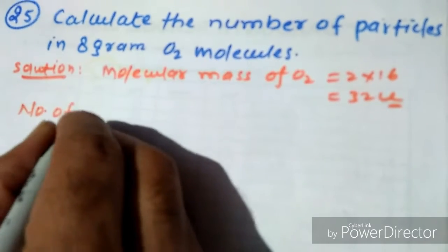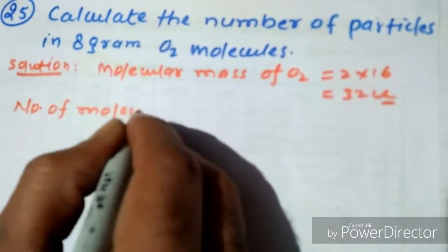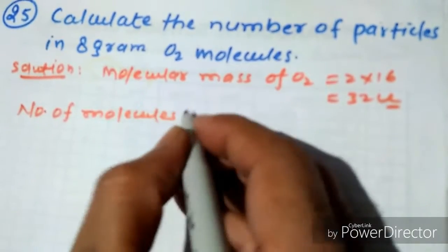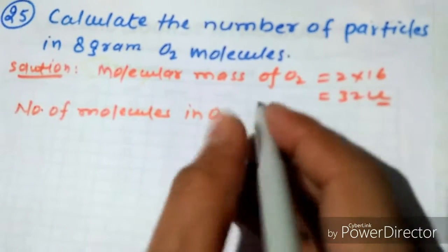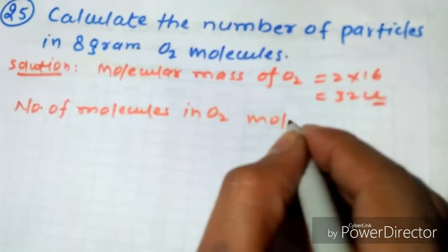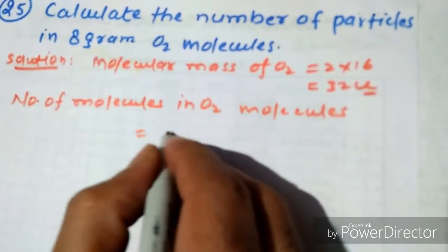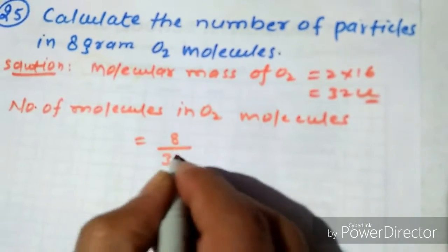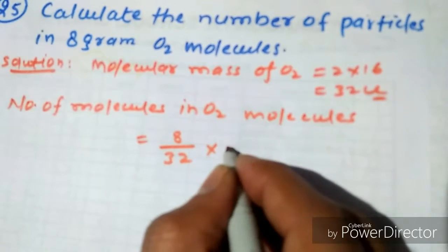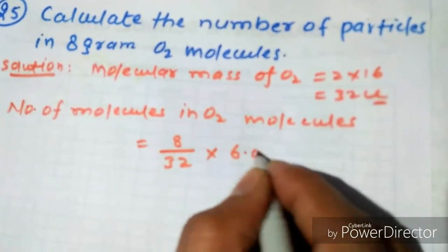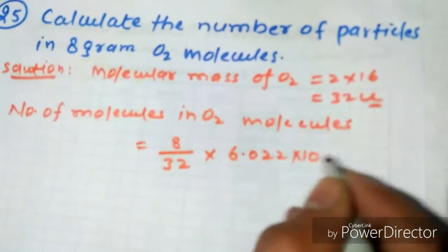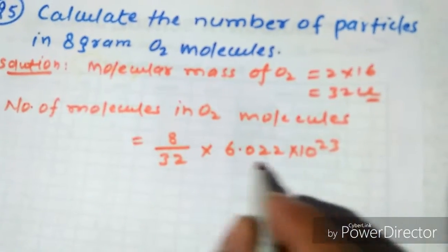Number of molecules in O2 equals 8 by 32 multiplied by 6.022 into 10 to the power 23. It is the Avogadro number.